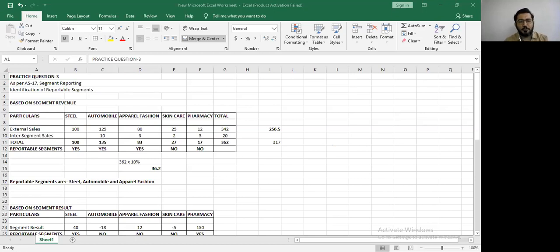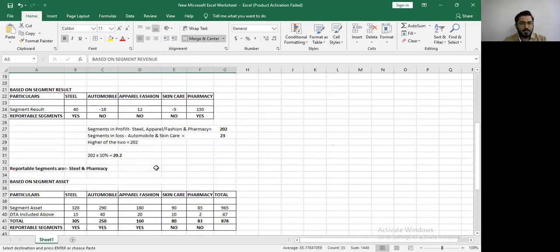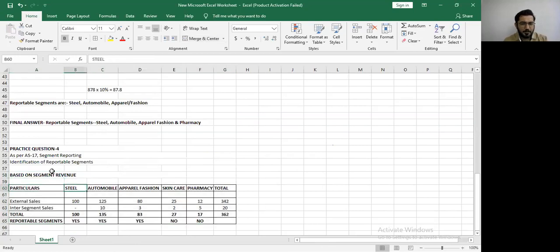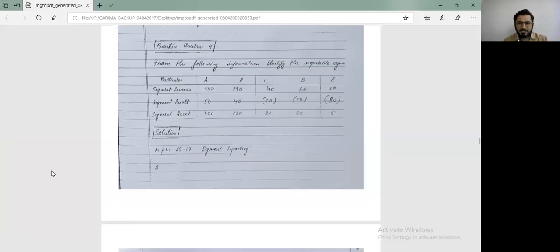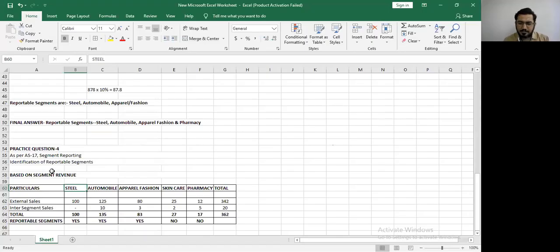Identification of reportable segments. And then let's begin with the first one, based on segment revenue. Which are the segments that you have in the question? A, B, C, D, E. So let's write that: A, B, C, D, and E.